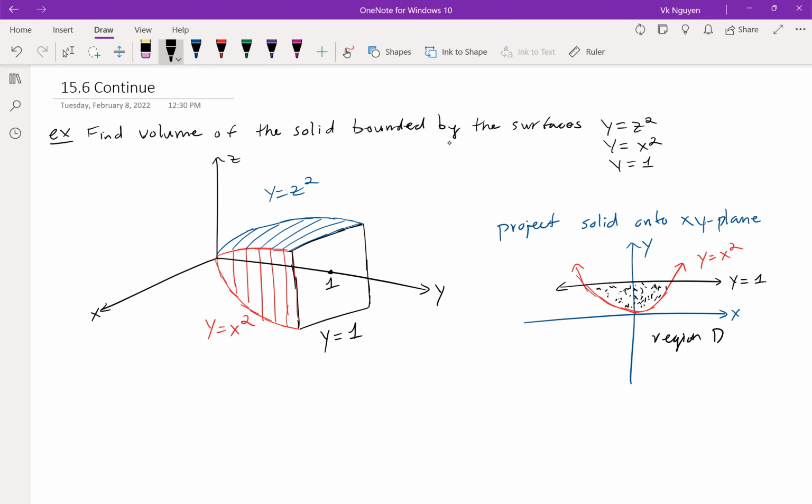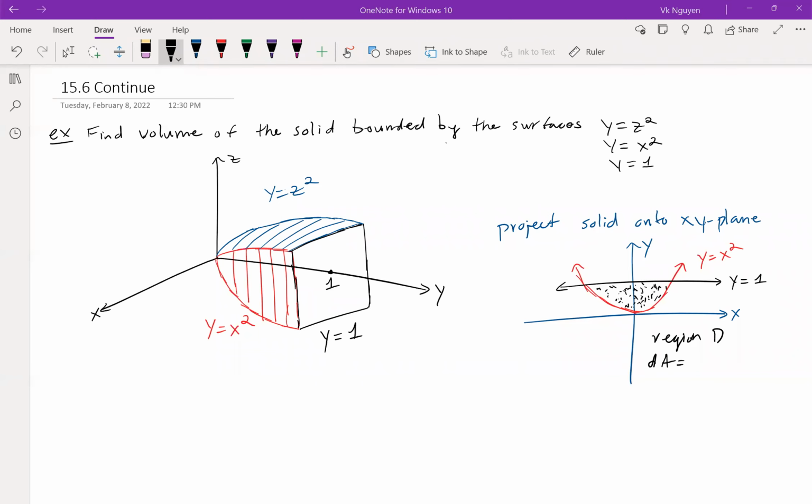It is better to do which one? dA is dy dx or dx dy? Well, if you do dx dy, then you're gonna have to deal with the square root.